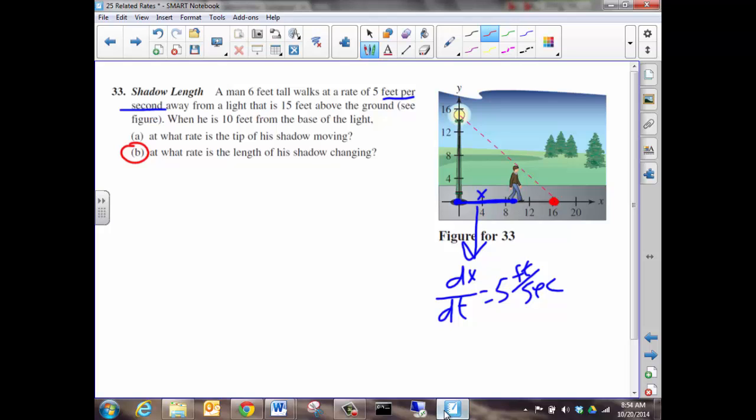What describes the length of his shadow up here? X is not his shadow. Where is his shadow? So his shadow is from here to here. Would you agree with that?